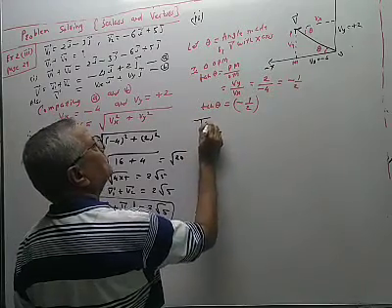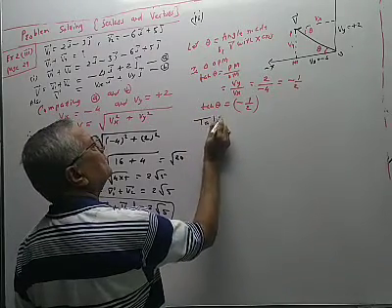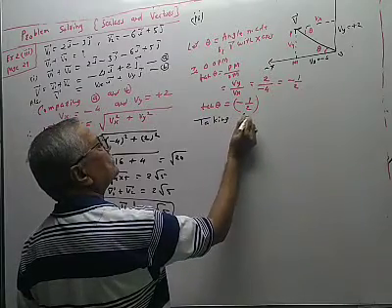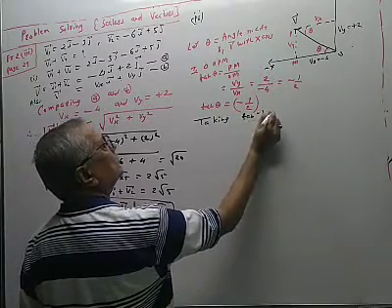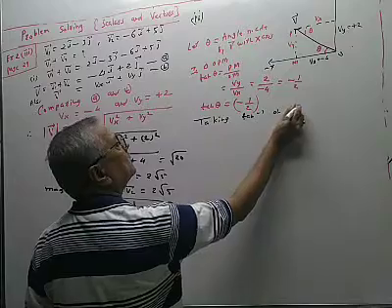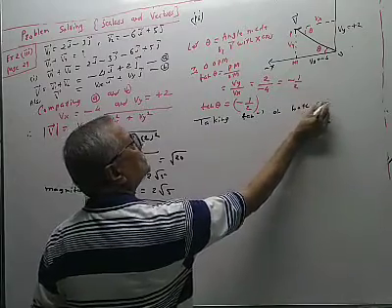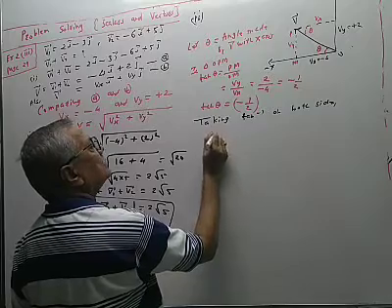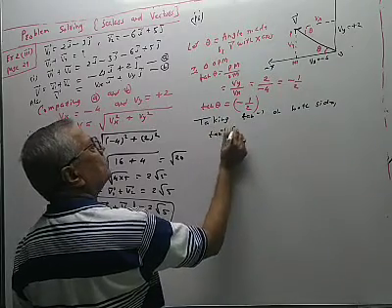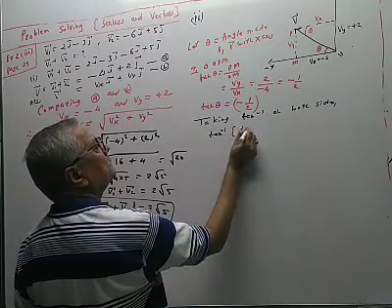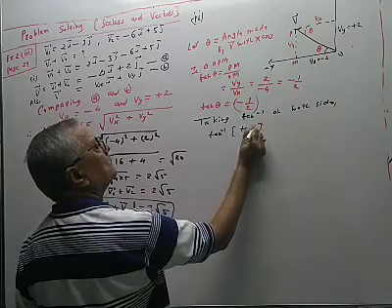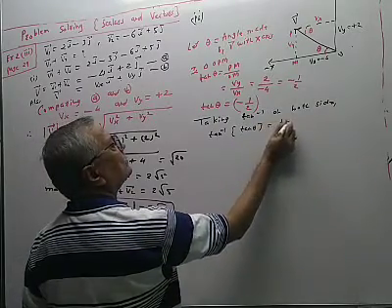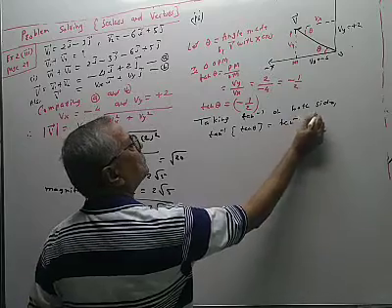Taking tan inverse on both sides. So tan inverse tan of theta is equal to tan inverse minus 1/2.